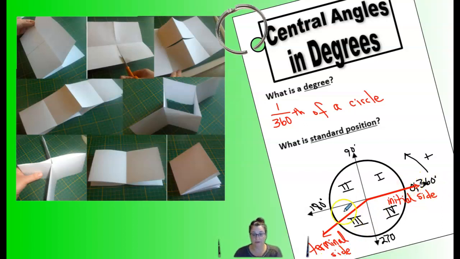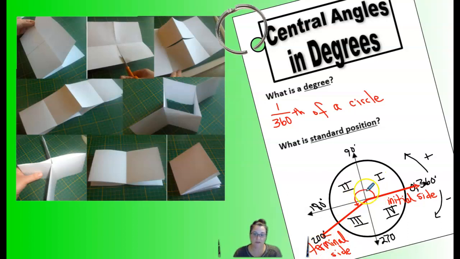Okay, now I need to indicate whether I have a positive or a negative angle, because you can go counterclockwise for a positive angle. You can also rotate clockwise for a negative angle. So this angle that I have here at positive 200 degrees, that angle started at its initial side and then went in the counterclockwise direction and stopped here with its terminal side at 200 degrees.